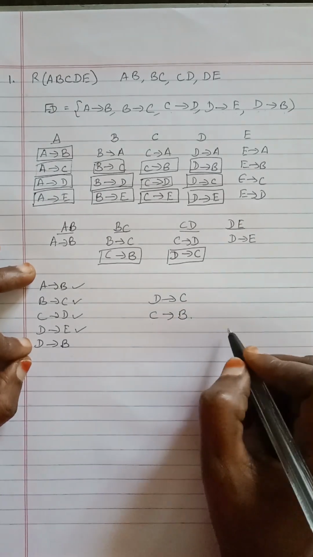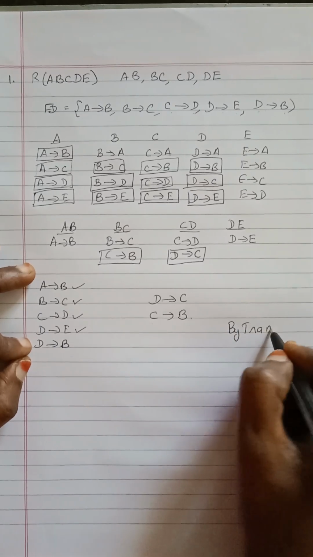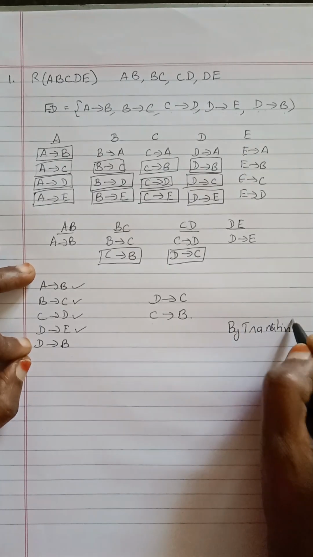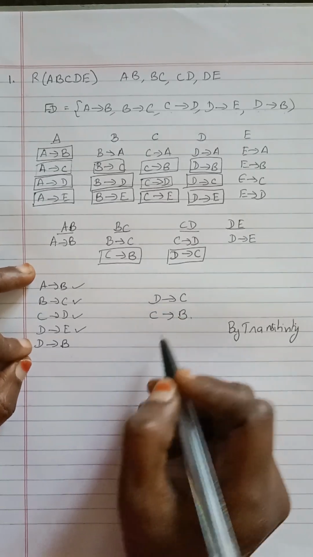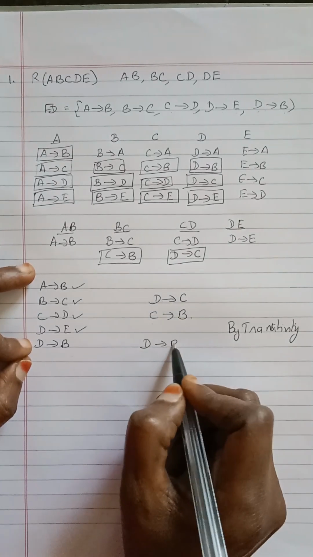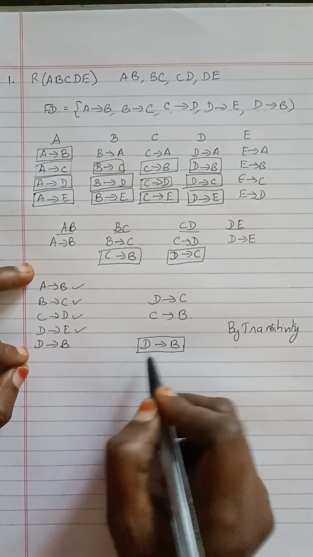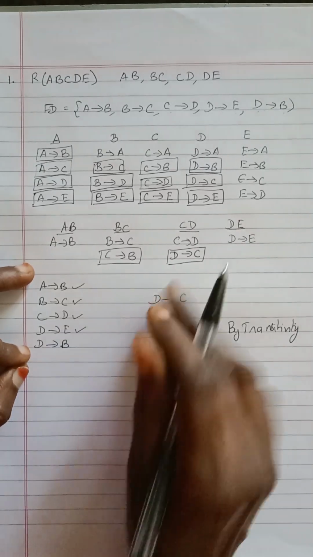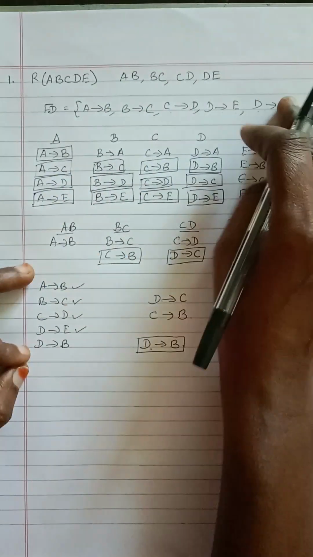So by transitivity, since D tends to C and C tends to B, we can say that D tends to B. So by using these relations, we derived the original functional dependency.